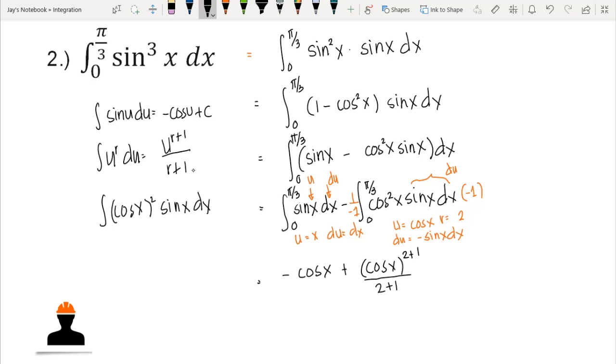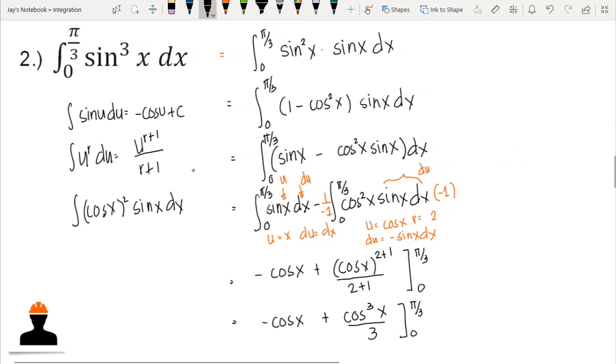Take note, we do not need to put the arbitrary constant c here, since we have limits from 0 to pi over 3. So our function of x is negative cosine x plus cosine cube x over 3, and the limits are from 0 to pi over 3.